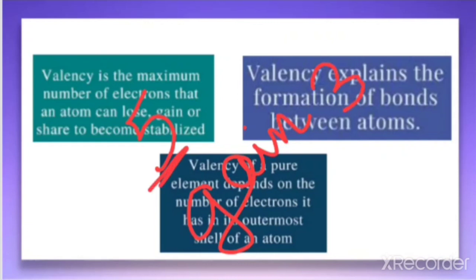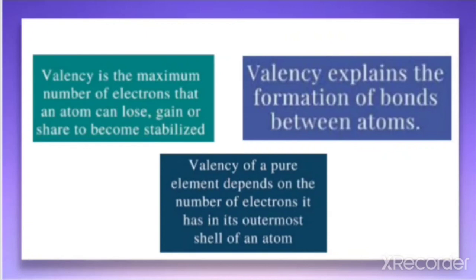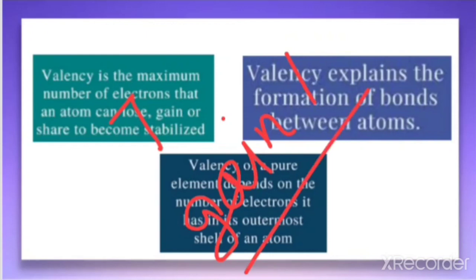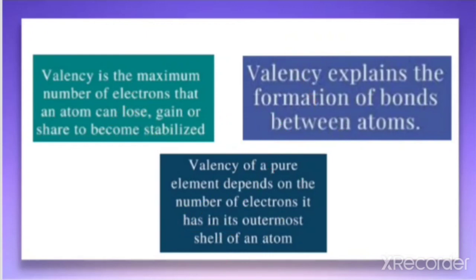If the valence electron is 6, it gains 2 electrons. If it is 7, it gains 1 electron. So we can say that the valency depends upon the number of electrons present in the outermost shell, that is, the valence electrons.